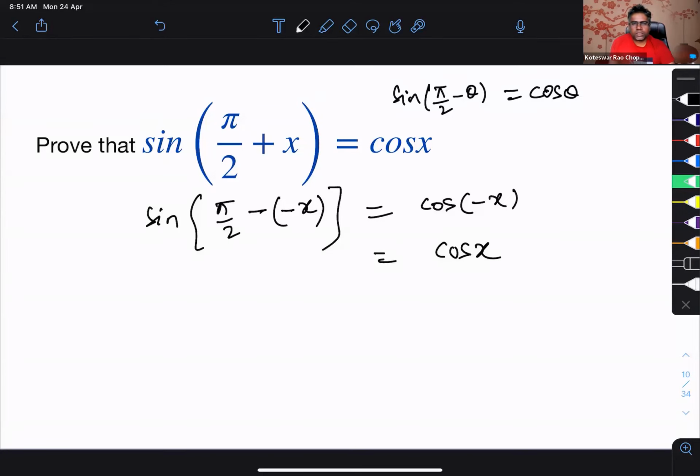Let's look at a few more results. One suggestion is, you should try it yourselves also, because to remember these identities, I normally think in terms of the unit circle. That helps me.